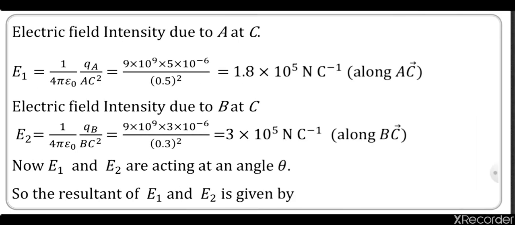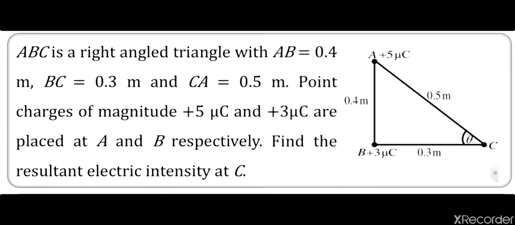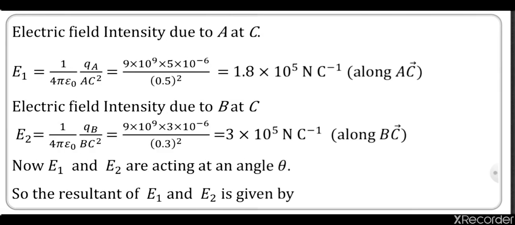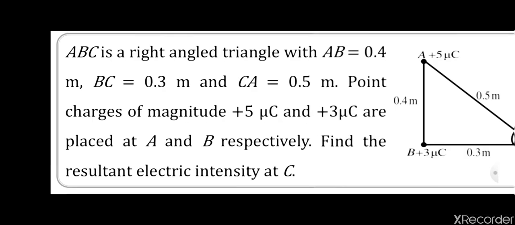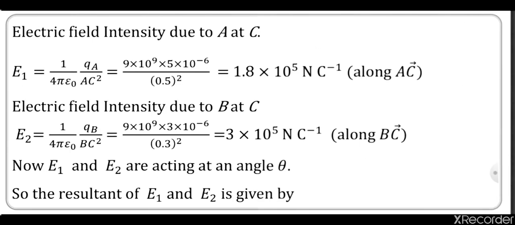First find out the electric field E1 at C, that is due to A, which has plus 5 microcoulomb. Use the formula 9 into 10 power 9, 5 into 10 power minus 6 divided by the distance AC, that is 0.5. So substitute 0.5 square and find out the E1 value.